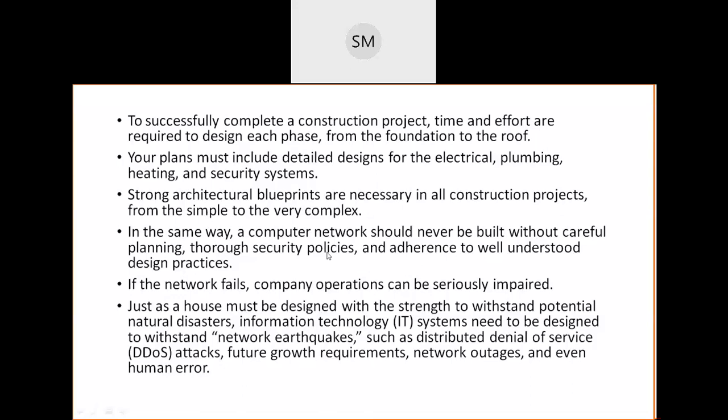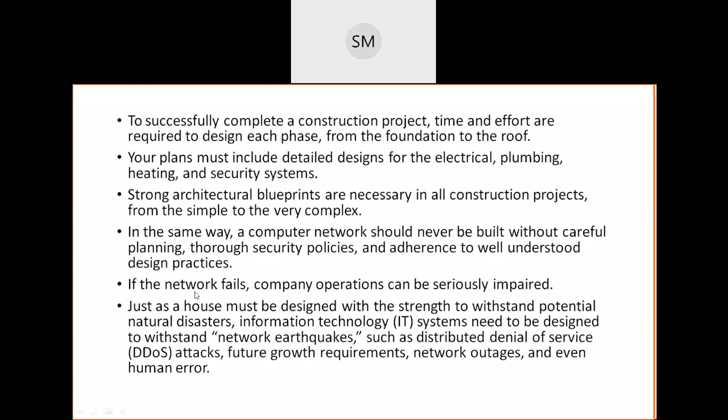So not only is connecting the computers a big task, along with that, having security policies is also very, very important, since sensitive data may be transmitted through this network. And we should follow some well understood design practices.